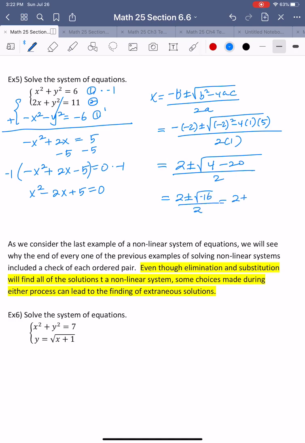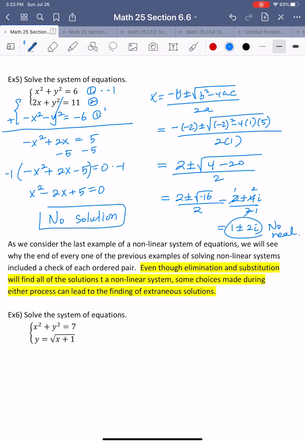And then I got 2 plus or minus 4i over 2, which cancels by 2. I got 1 plus or minus 2i, which is not real. So even though we got 2 solutions, the x is not real, so this is actually the no solution case.